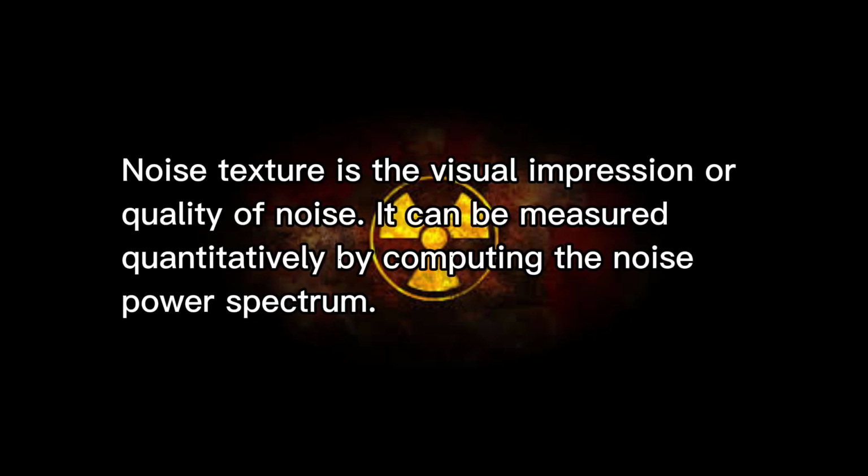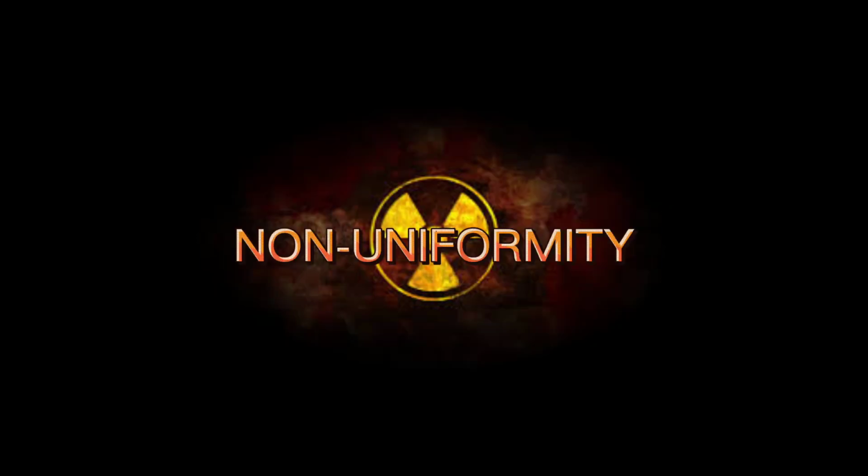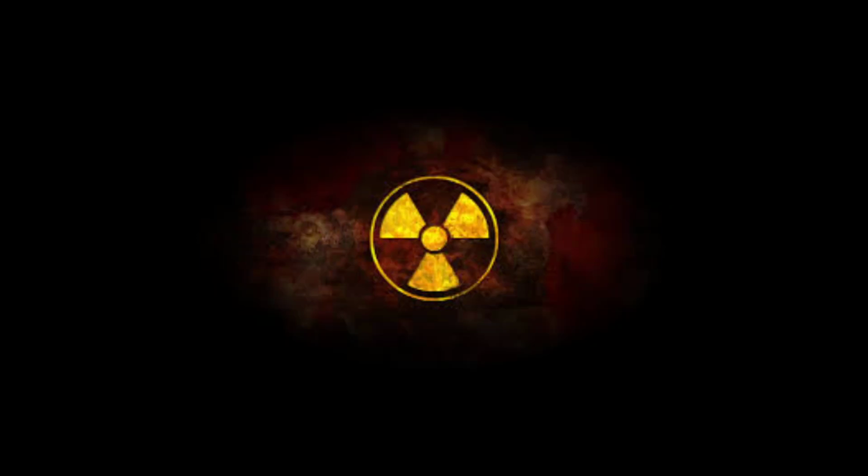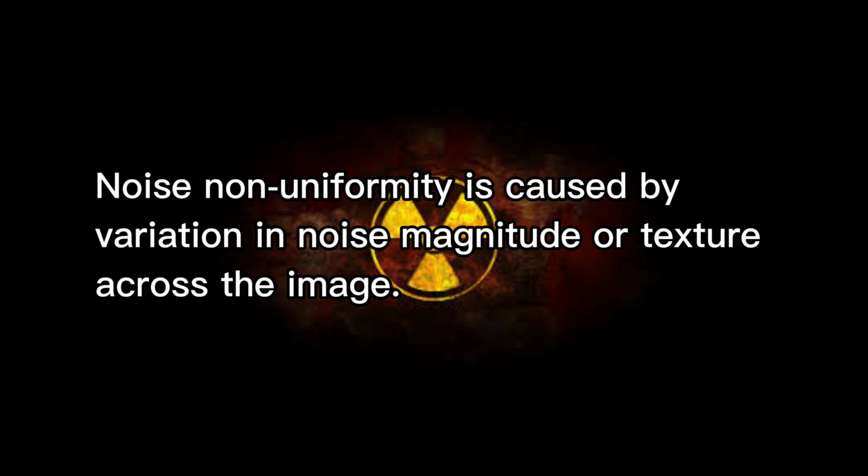Noise texture is the visual impression or quality of noise. It can be measured quantitatively by computing the noise power spectrum. Noise non-uniformity is caused by variation in noise magnitude or texture across the image.